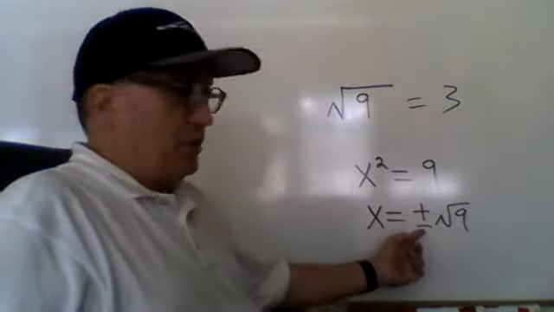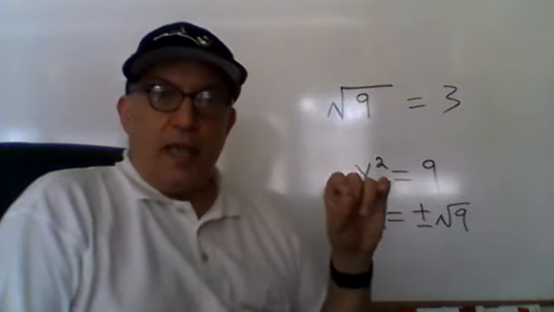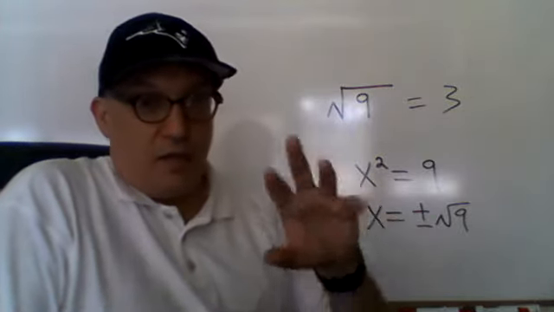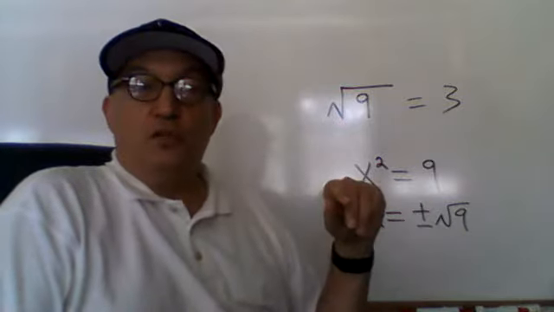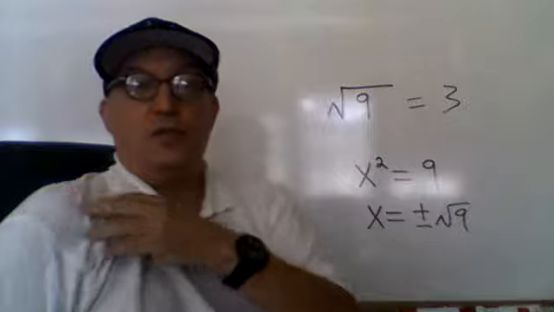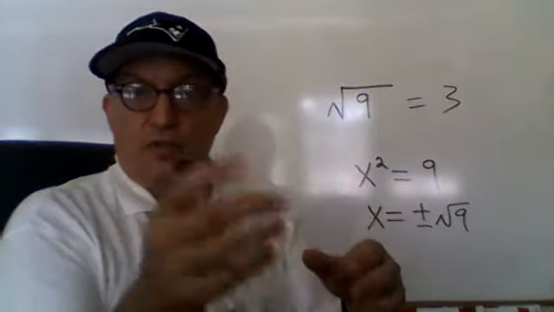Now this is some symbolism here. Mathematicians, you could make a case, are lazy. That would be sort of a negative way to phrase it. A more positive way to phrase it would be, mathematicians like to be efficient in how they write things. The symbolism of math is efficient. A good example is AB.